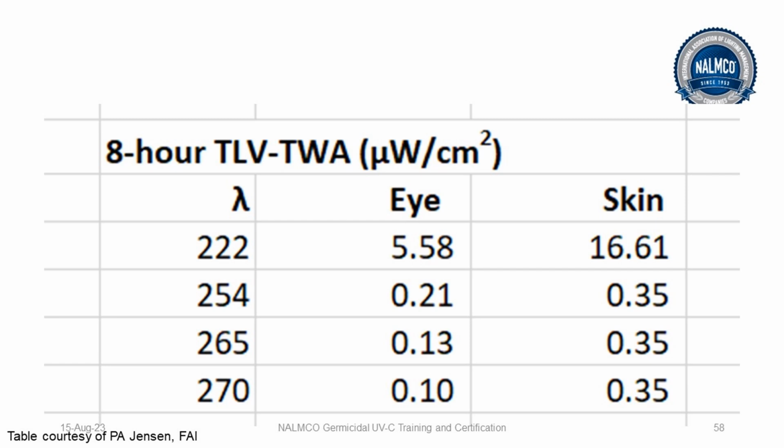When we talk about the skin for 254, it's 0.35 microwatts per square centimeter. For 222, it's 5.5 for the eye and 16.5 for the skin. So it's important to understand, what wavelength is the fixture putting out so that you can apply the correct criterion.